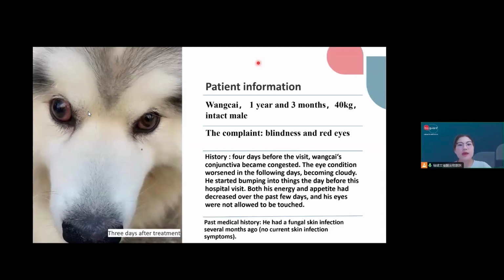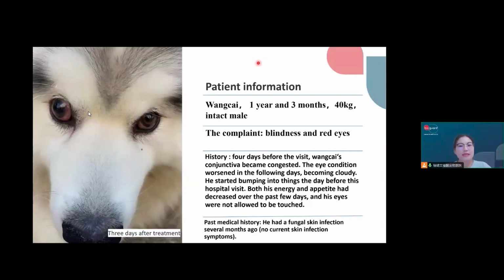The history was that 4 days before the visit, Wang Cai's conjunctiva became congested. The eye condition worsened in the following days, becoming cloudy. He started bumping into things the day before his hospital visit.